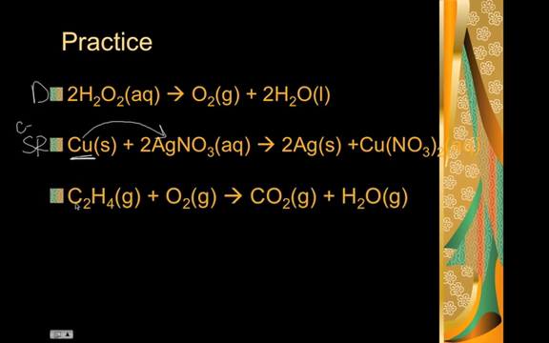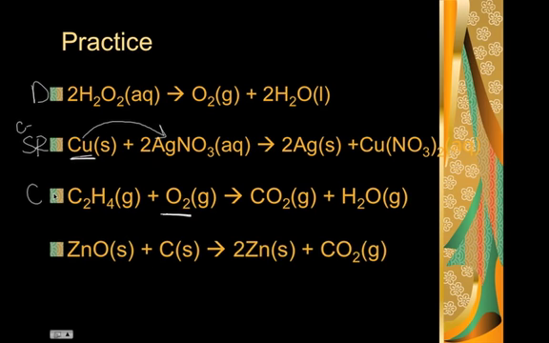Here we have ethene. No, you don't have to know the name of this. C2H4 plus oxygen yields carbon dioxide and water. And if you remember, I told you, anytime you have something reacting with oxygen, you have a combustion reaction. Zinc oxide plus carbon yields zinc plus carbon dioxide.